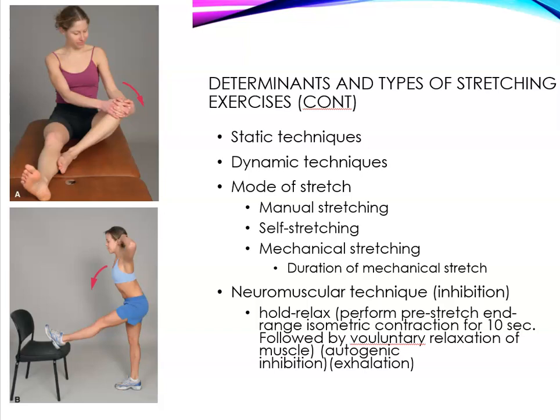Mechanical stretching involves a longer overall duration of stretches, compared with manual stretching or self-stretching exercises. Mechanical stretch duration reported in literature ranges from 15 to 30 minutes to as long as 8 to 10 hours per session, or continuous throughout the day except for time out of the device for hygiene and exercise.